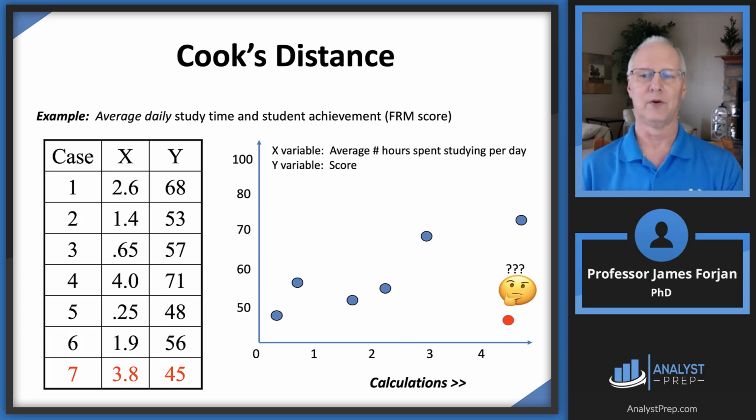So what do you do with that outlier? Do you just say something like, well, maybe that person, when he or she was studying, was also watching television or doing something else instead of focusing? And maybe those other 6 were laser focused on their studies. There are all sorts of issues that can arise with these different cases, in this case 7 observations.